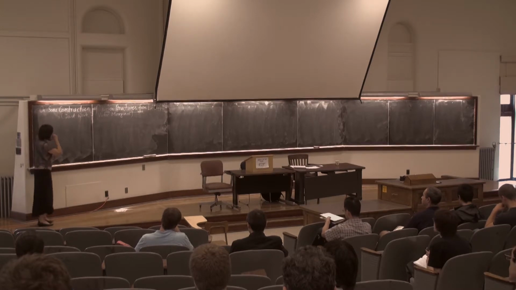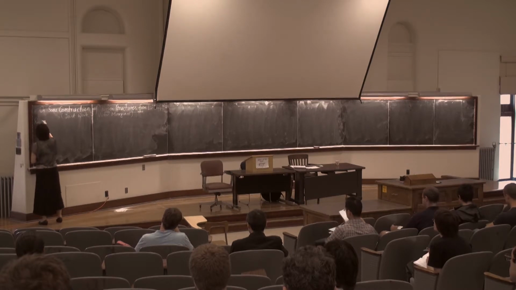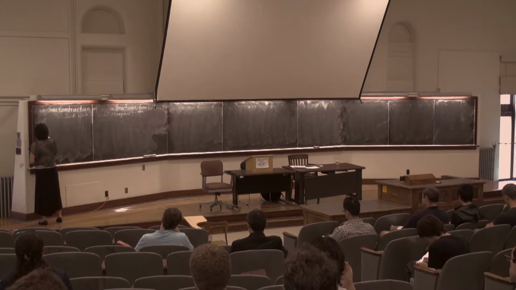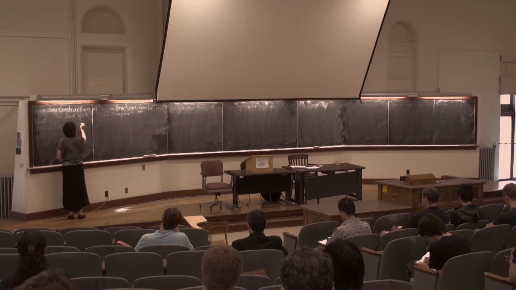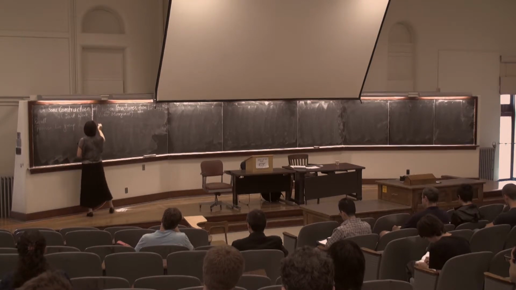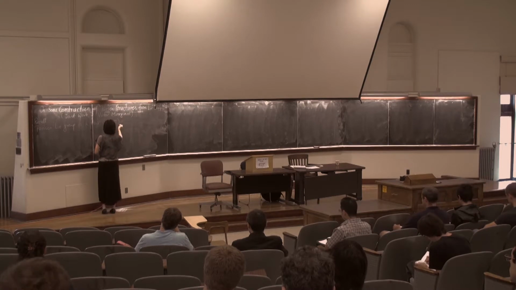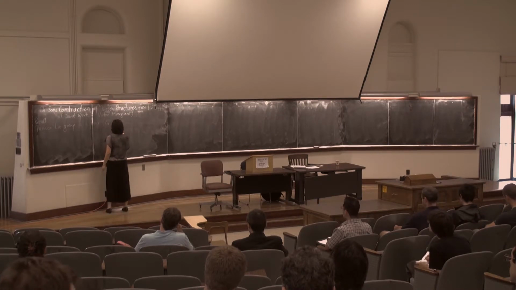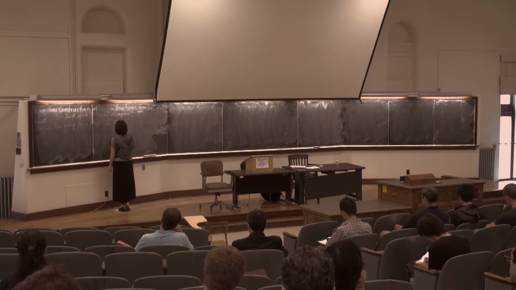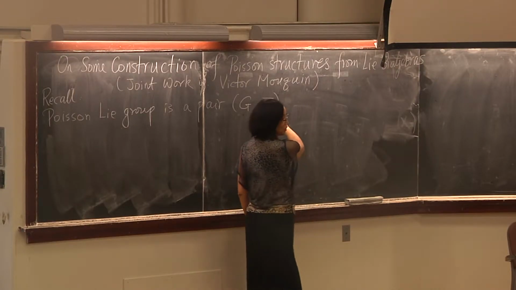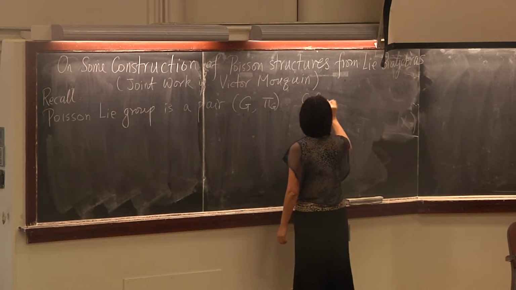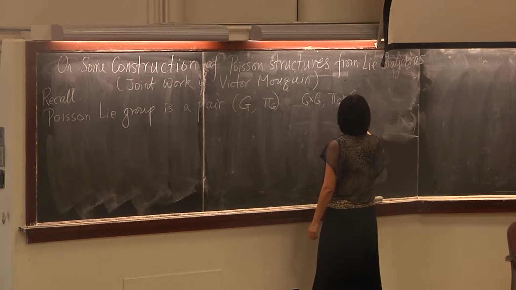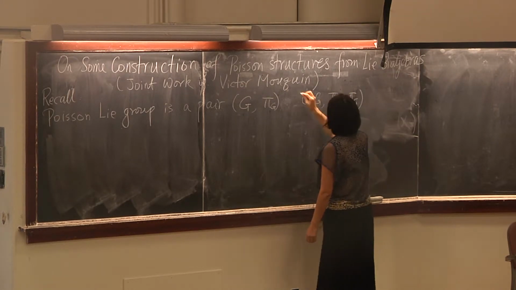First of all, to make it self-contained, I will quickly recall the definition of a Poisson Lie group. A Poisson Lie group is a pair (G, pi_G), where G is a Lie group and pi_G is a multiplicative Poisson structure, in the sense that the group multiplication, G times G to G, is a Poisson map.